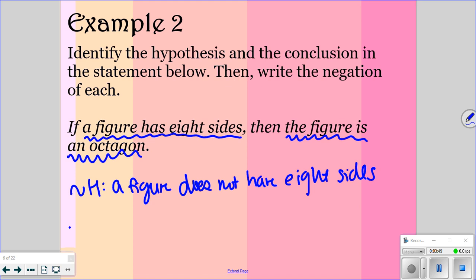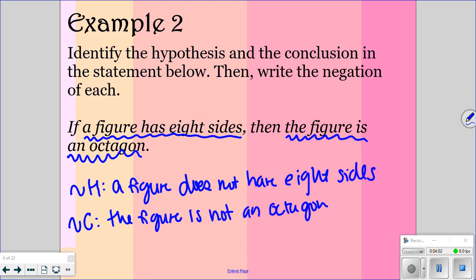And then the negation of the conclusion would be the figure is not an octagon. So that's how you negate a hypothesis and a conclusion.